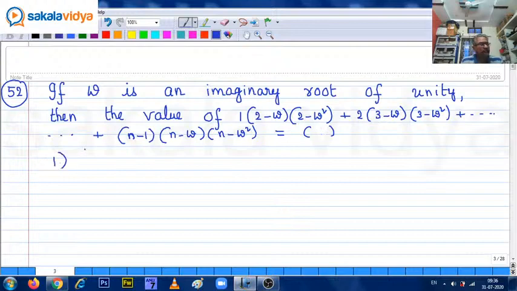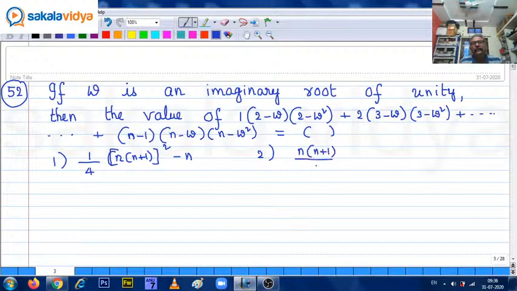First option: 1 by 4 upon n times (n plus 1) whole square minus n. Second one: (n times (n plus 1) upon 2) whole square plus n.